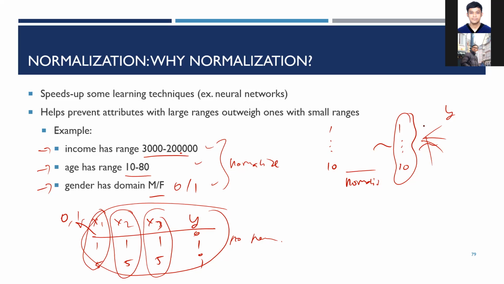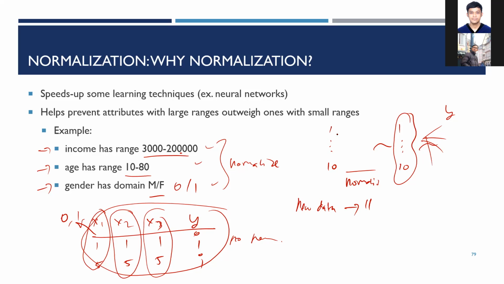Dr. Yogi, the problem is, after we normalize the data, then we can apply algorithms. Of course, this is the point of normalization. But what if new data is coming, the 11th data, for example? In historical data, we have only 1 to 10.